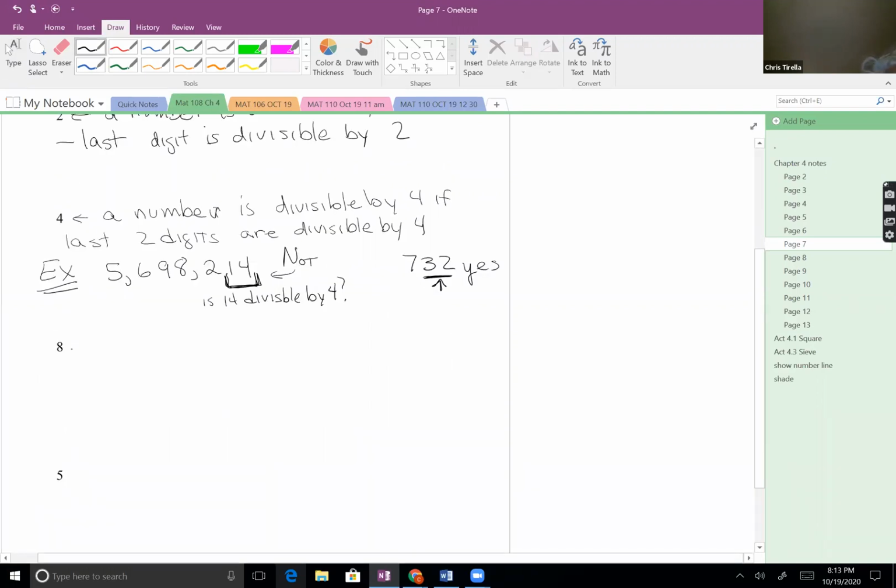To tell if a number is divisible by 8, we say that a number is divisible by 8 if the last 3 digits can be divided by 8.